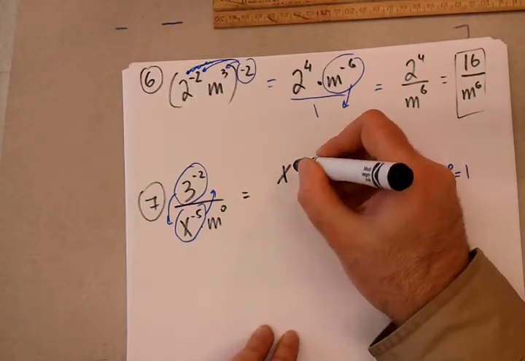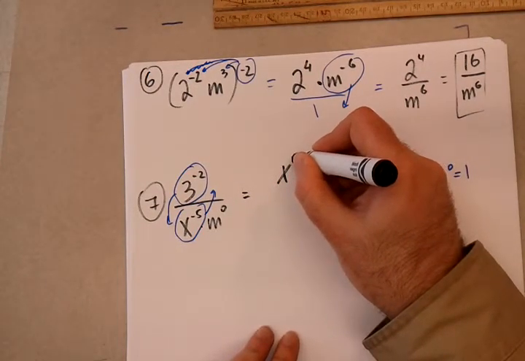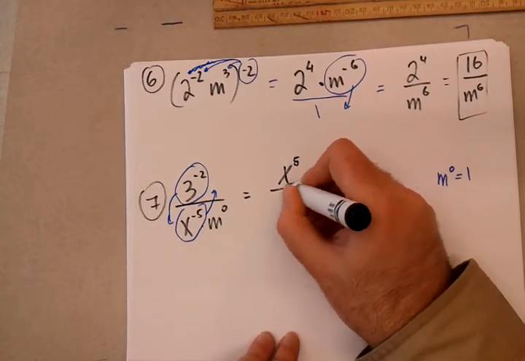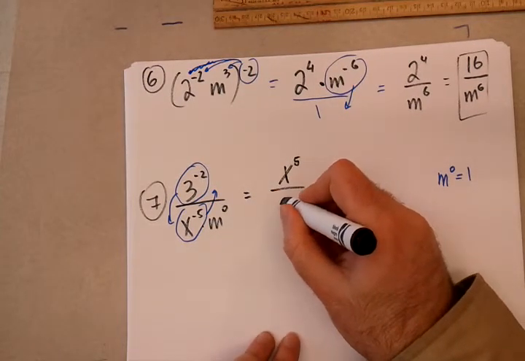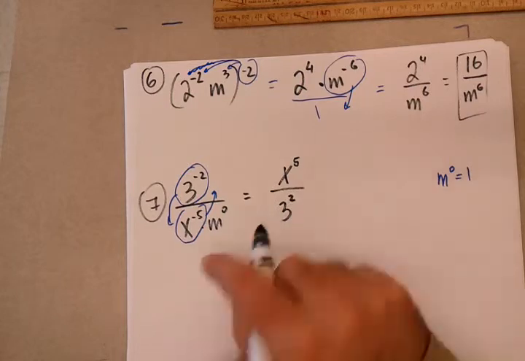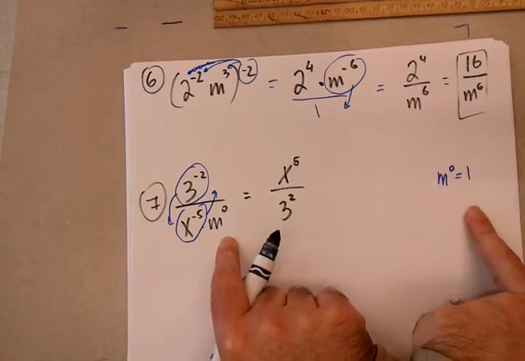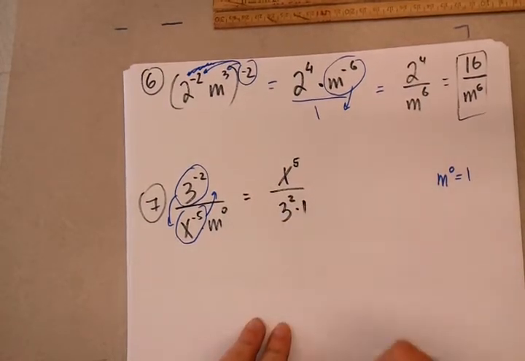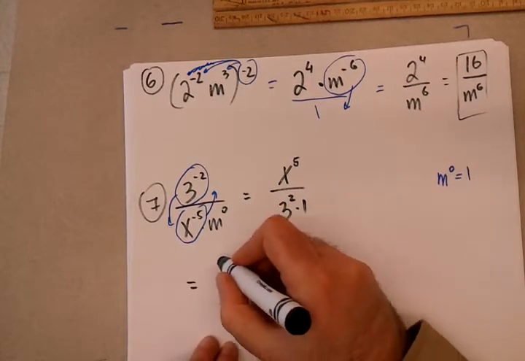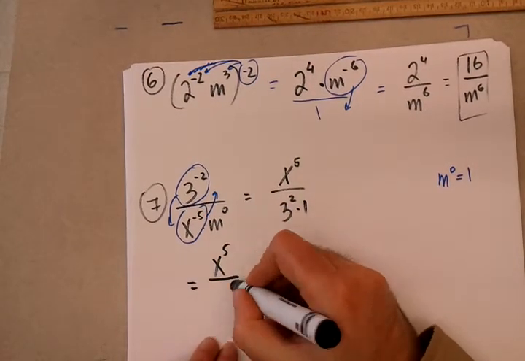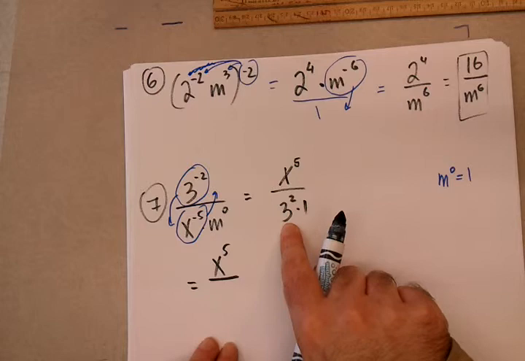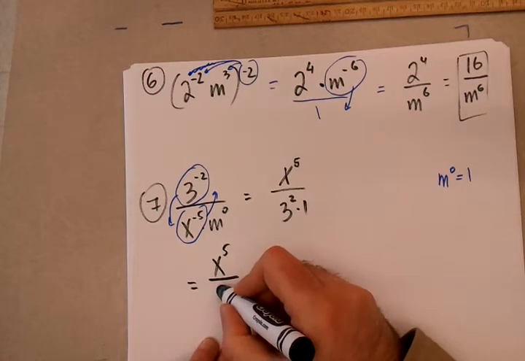So on the numerator, we now have x to the positive 5th power. And in the denominator, we now have 3 to the 2nd power, and m to the 0 power is just a 1. So the numerator doesn't change. The denominator is 3 times 3, 9, times 1 is still 9.